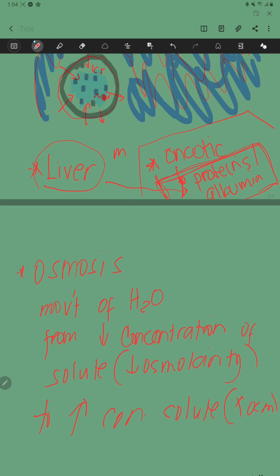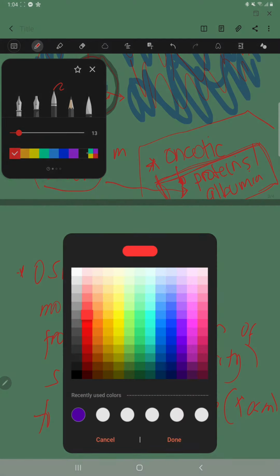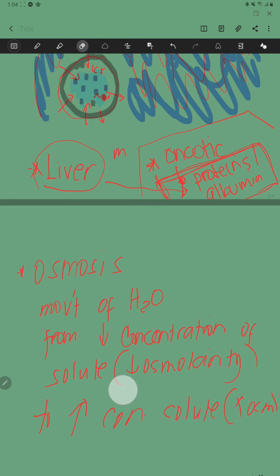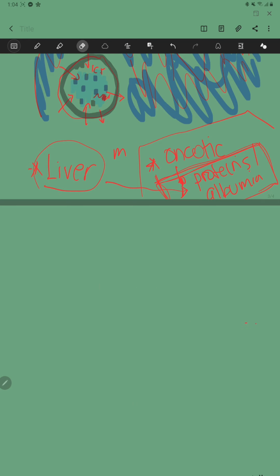So in this case, what do you mean by that? Ano bang ibig sabihin yan? Let's try to illustrate. So, movement of water from low concentration to high concentration of solute.